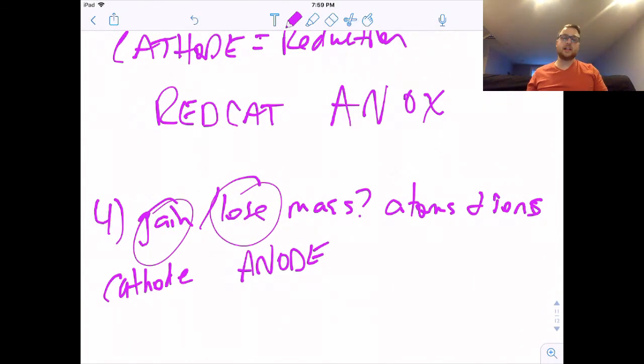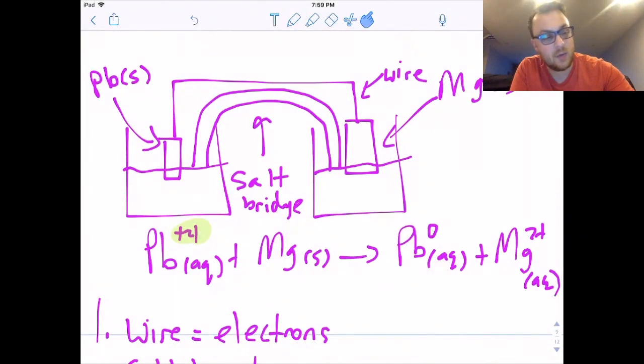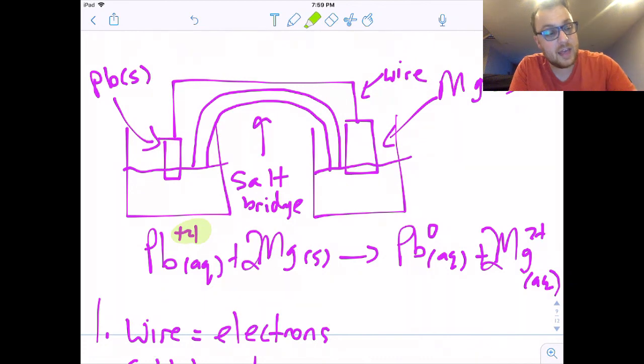If you look at the reaction that I gave you at the beginning, and now we balanced it, lead goes from a charge of +4 to a no charge of 0. +4 is an ion. 0 is an atom. Lead changed from an ion to an atom. Versus Mg went from a no charge of 0, no charge is an atom, to plus, Mg is an ion.